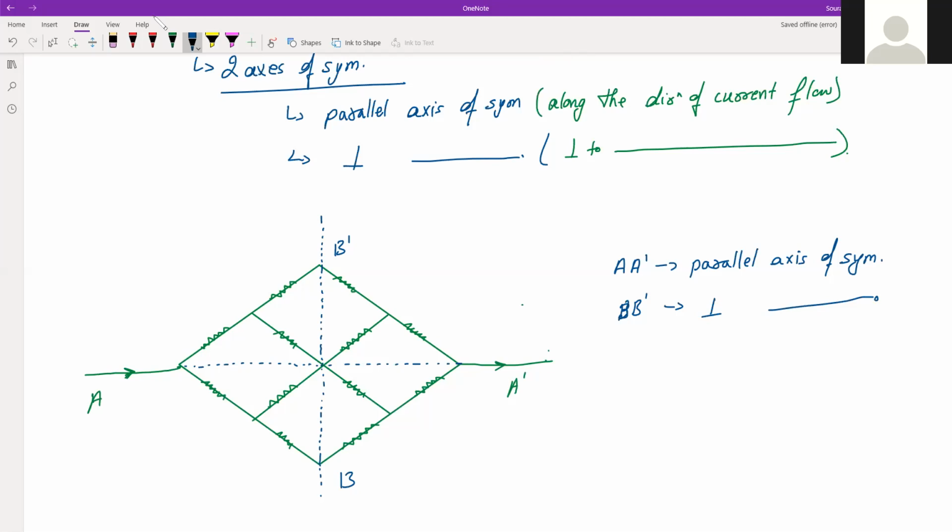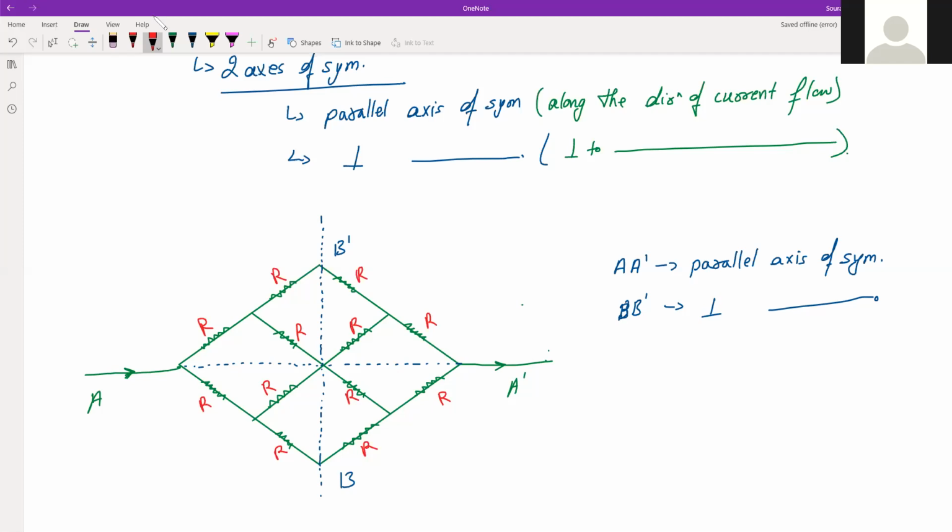Not all perpendicular axes and not all parallel axes will be axes of symmetry. This will be an axis of symmetry only if the resistor values are symmetric. That means suppose all the resistor values are R, then I can say that it is symmetric. But if these resistors have different values, that is non-symmetric, then it won't be an axis of symmetry.